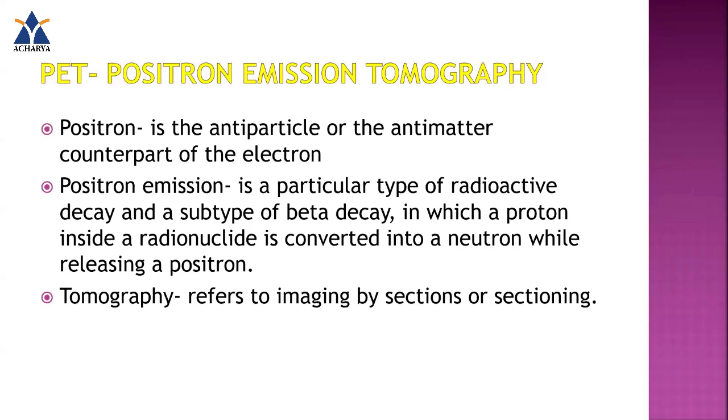That positively charged ejected particle is called a positron. Tomography, as we know, is cross-sectional radiography. So all put together, positron emission tomography: we are taking a tomographic or cross-sectional image using the technique of positron emission.